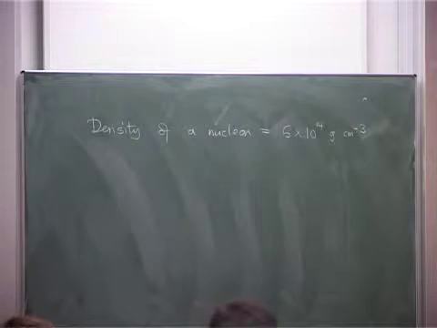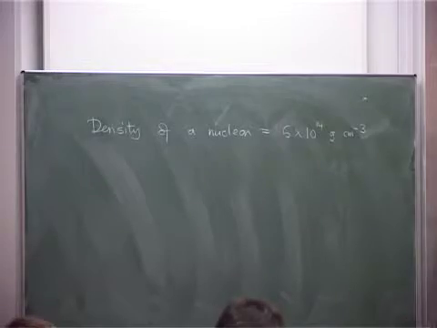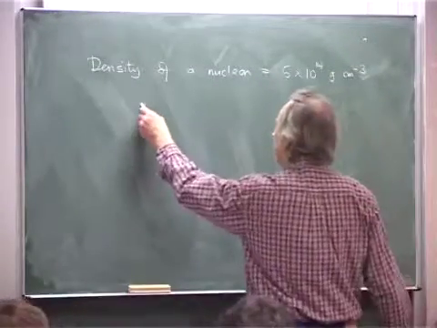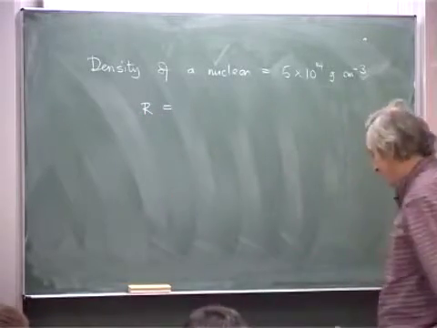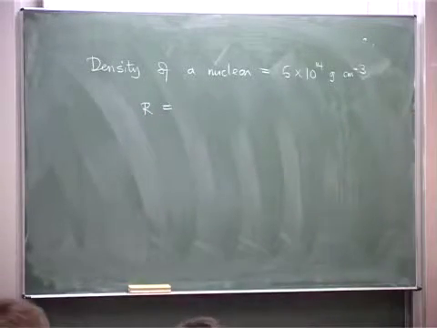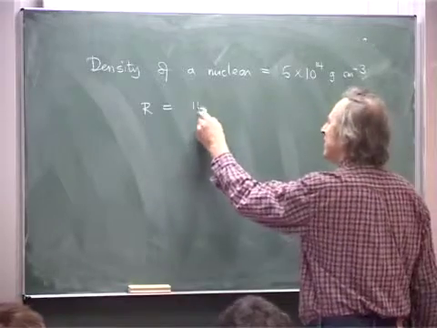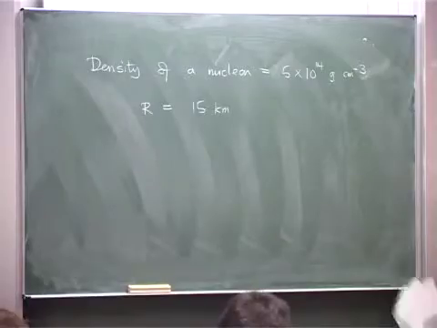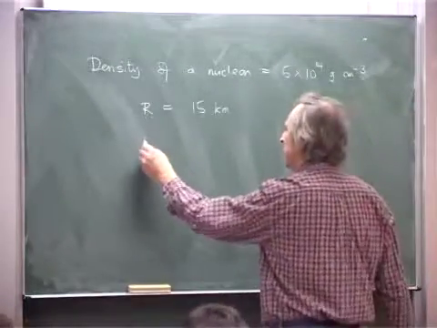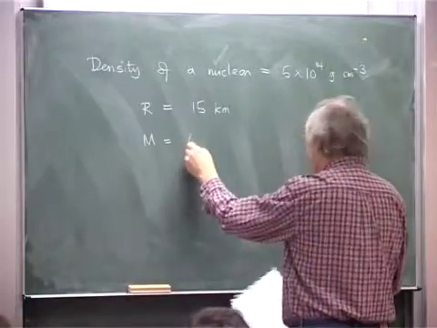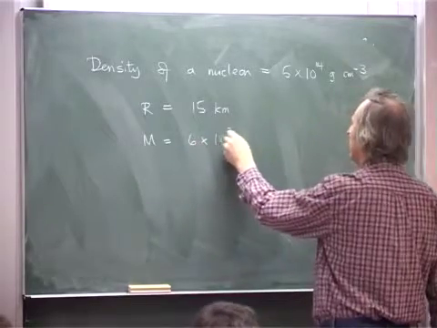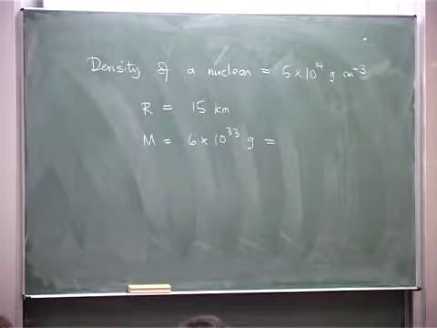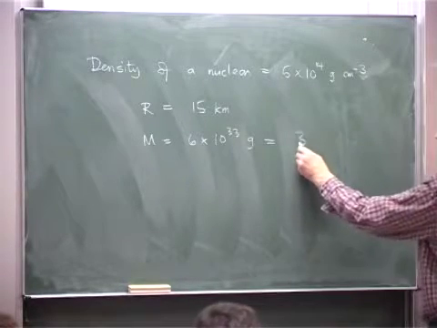What is the corresponding value of R? The answer turns out to be 15 kilometers. The corresponding value of M turns out to be 6 times 10 to the 33 grams, or in units that are more astrophysical in nature, 3 solar masses.